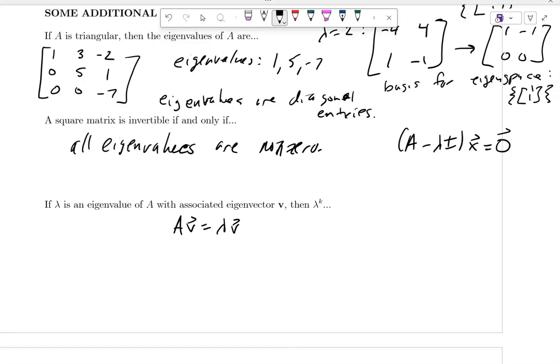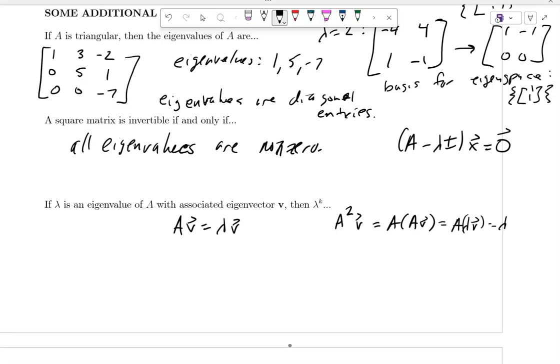Well, say I want to do A squared times v. Well, A squared is the same thing as A times A, right? Agreed? What can I replace the A times v with? Lambda v.